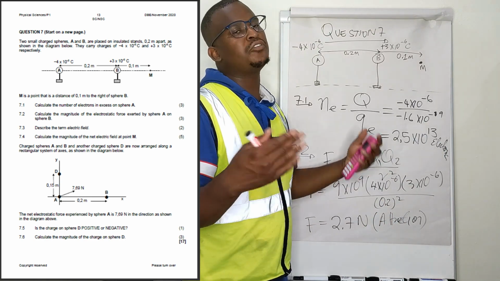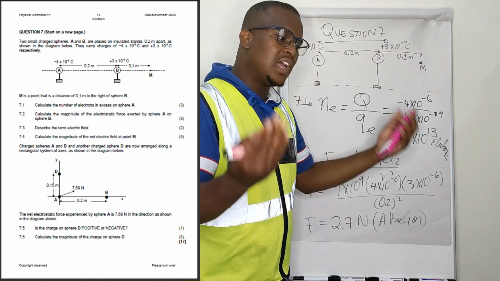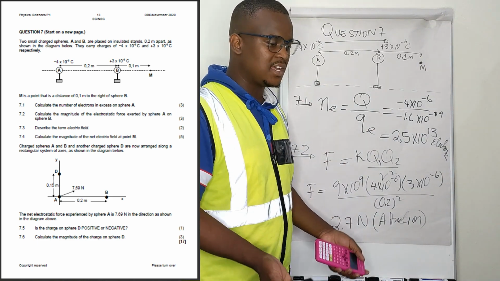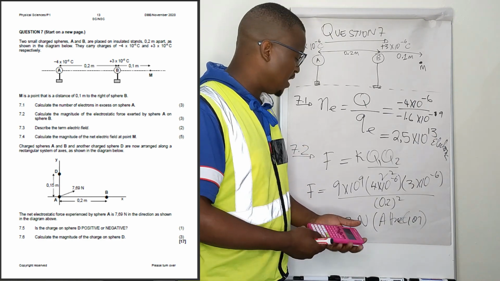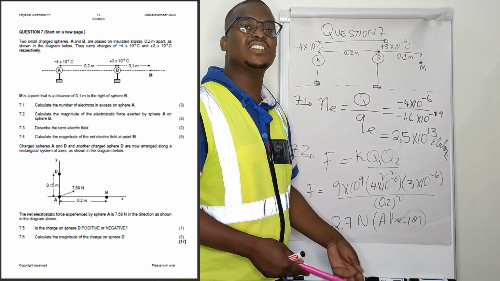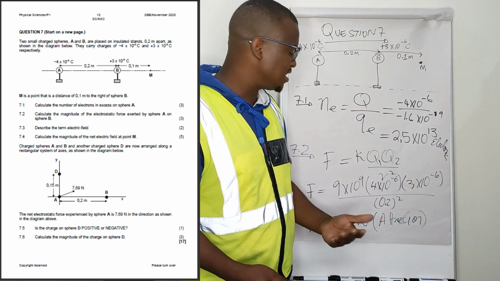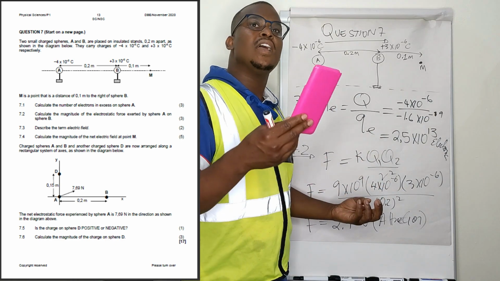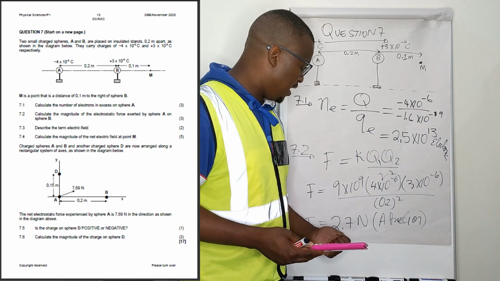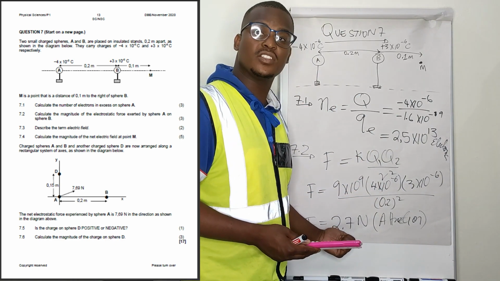So instead of making my calculation tedious by including the signs, I always leave them out, and at the end I write whether the force is repulsive or attractive. So in this case, the force between point A and point B is 2.7 newtons, which is attractive.